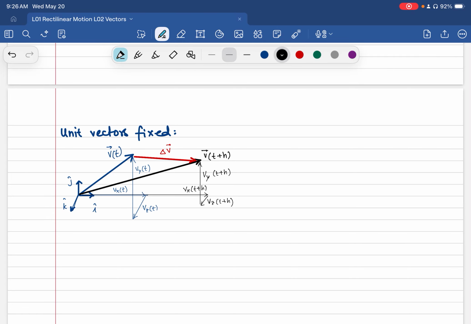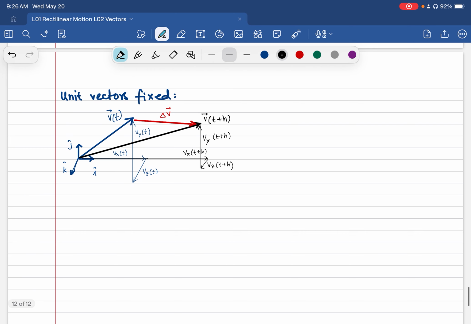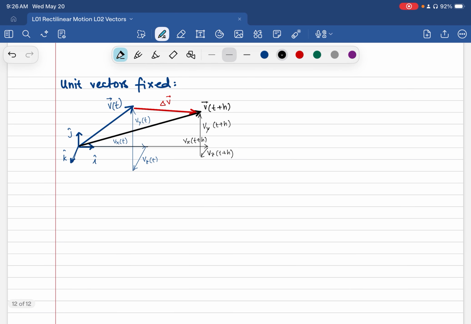And we're going to look at what appears when we do the vector differentiation. So if we were to do d over dt of v of t, this is limit of h tending to 0, v of t plus h minus v of t whole divided by h.